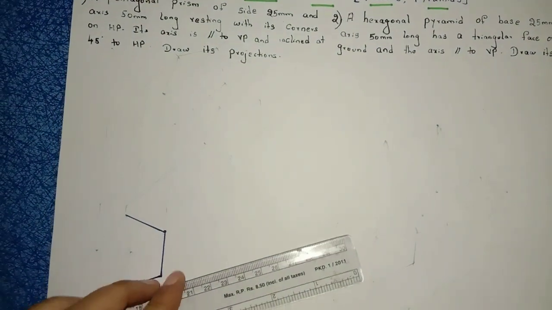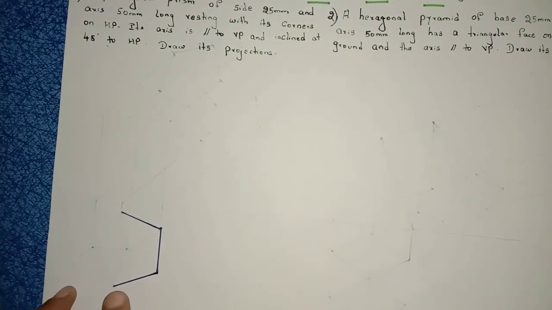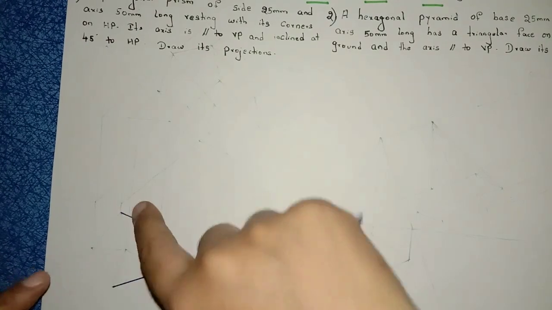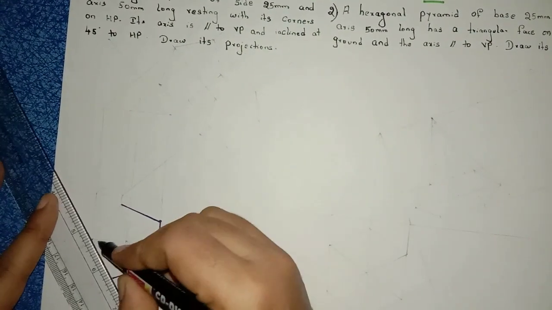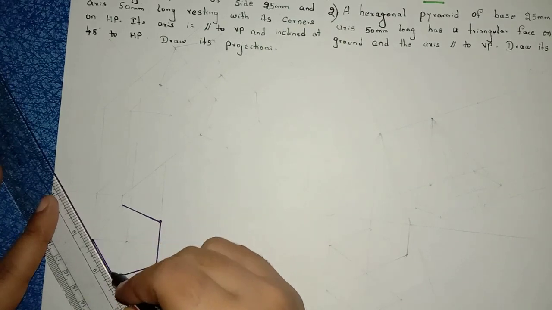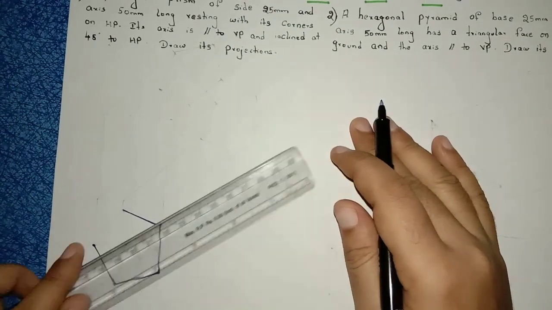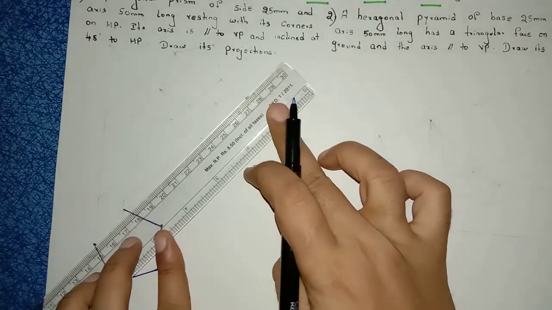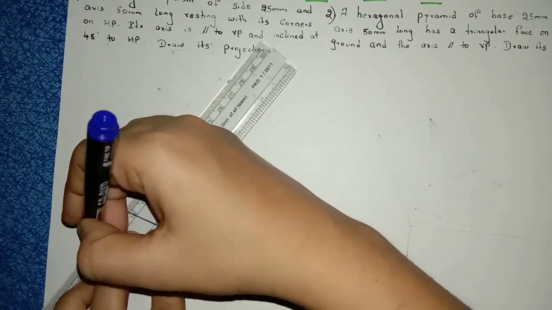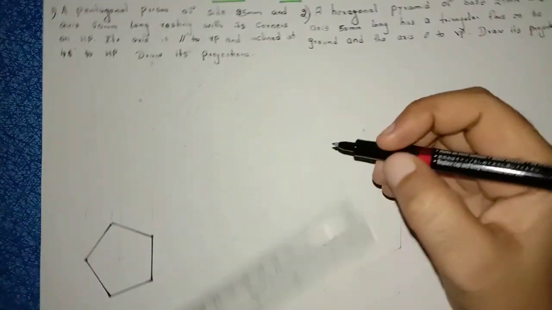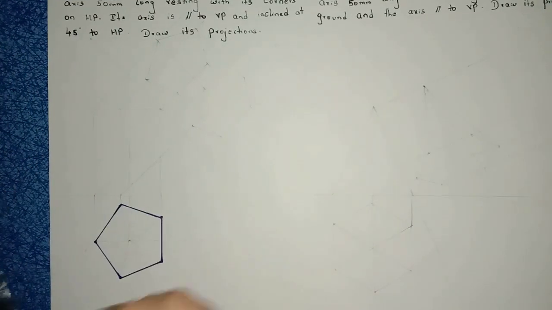Then take 25 mm with compass. Keep your compass here. Draw an arc. Then next keep your compass here. Cut this arc. Construct the pentagon. Right, so this is your pentagon.